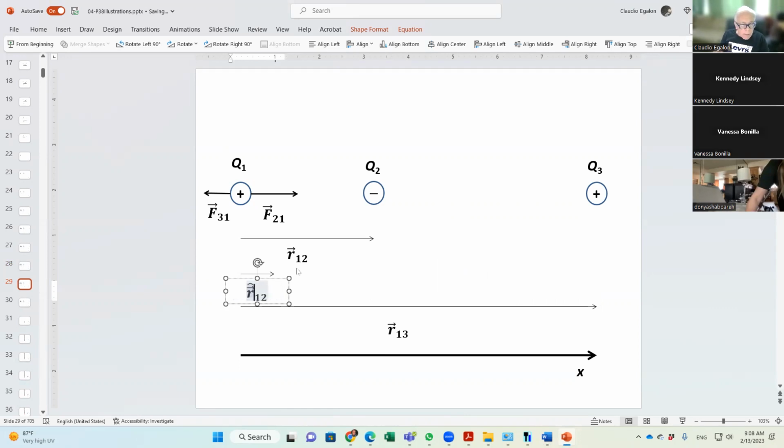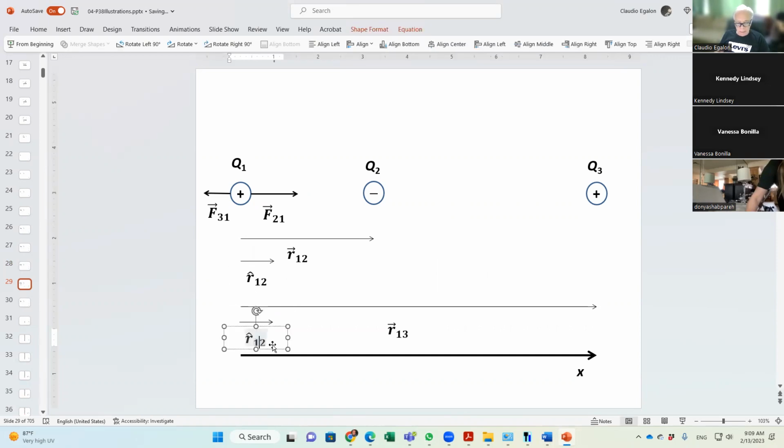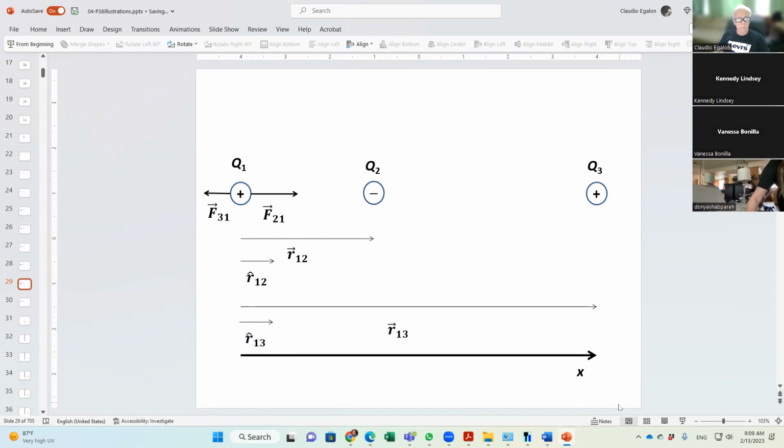Unit vector means magnitude 1. And we can have the same for the unit vector 1, 3. Here should be R13. Make it a little bit closer, right? Here you go.